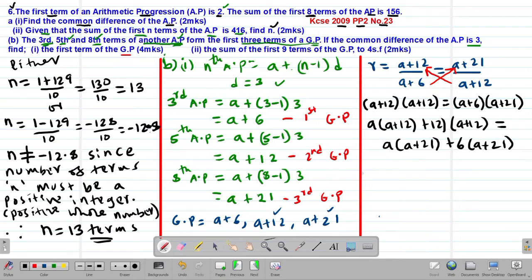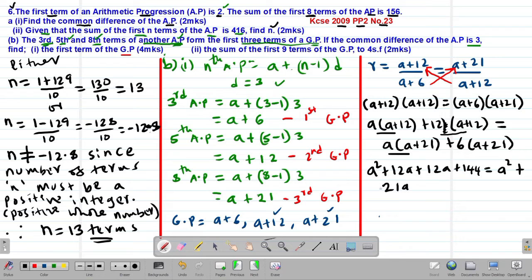So the first bracket here is going to give me A squared, then plus A times 12, I'll get 12A, then plus 12 multiplied by A, I'll get 12A, then plus 12 by 12, I'll get 144, being equal to, the second bracket here will give me A squared, then plus A by 21, I'll get 21A.